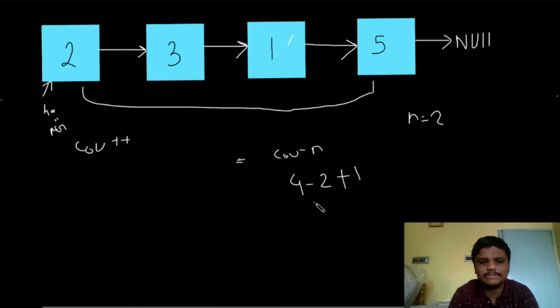So after getting this, the brute force solution can be that we take a vector over here. In that vector we first insert these elements. Now after inserting those elements, we make a new linked list, we make our head over here, and then we point the next pointer to 3 and finally to 5.